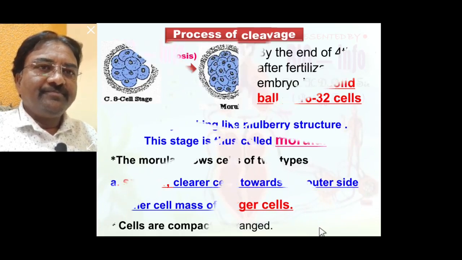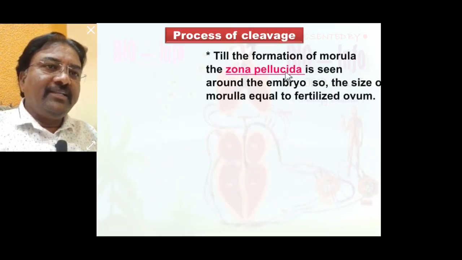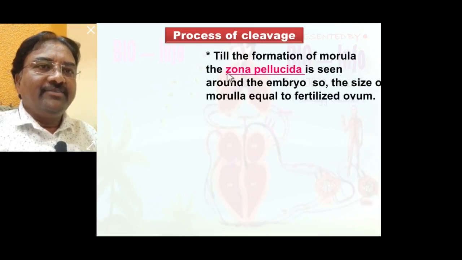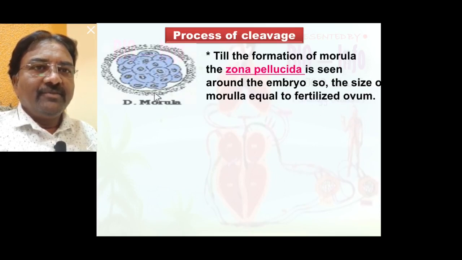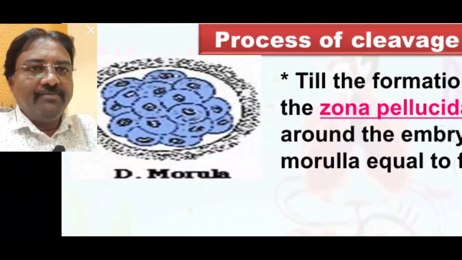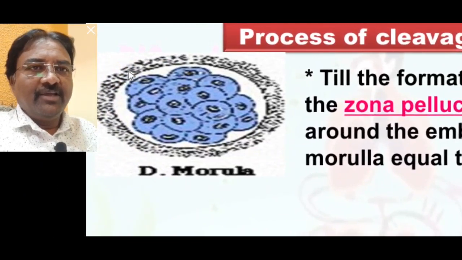Till the formation of the morula, the zona pellucida is seen. You know the zona pellucida is an envelope or covering, and it remains around the embryo till the formation of the morula. This is the morula structure, and the covering of the morula is the zona pellucida.